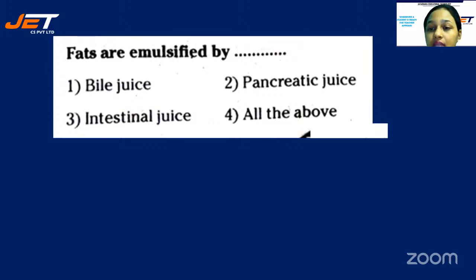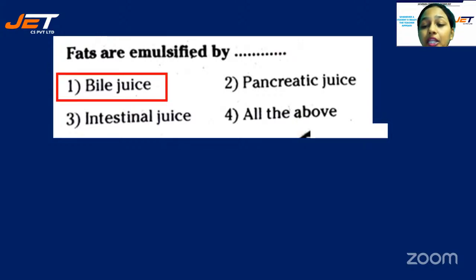Quickly tell me this answer. As I'm getting mixed responses, let me reveal the correct answer. That is option number 1, bile juice. Those who have opted option number 1, they are correct.